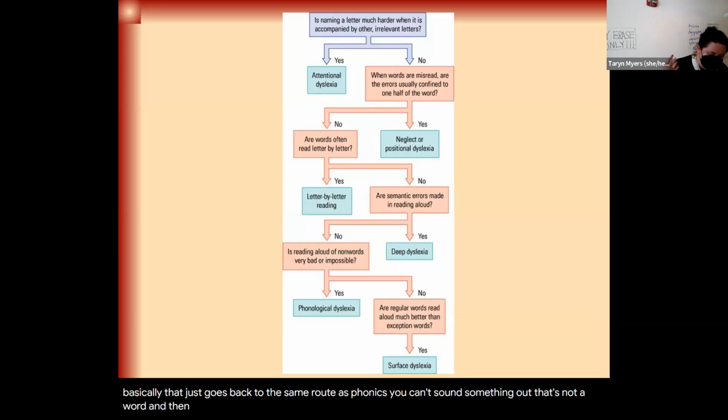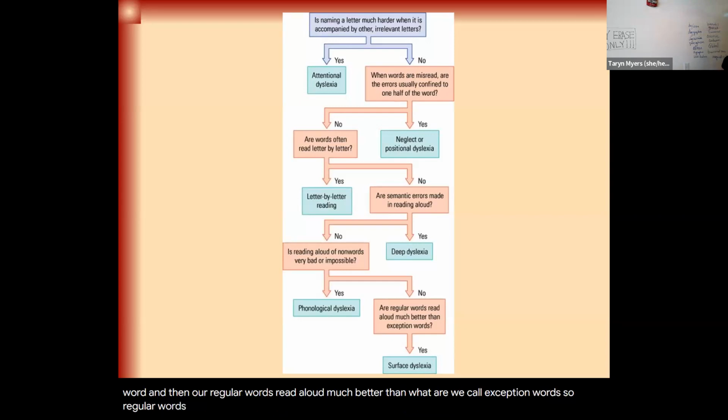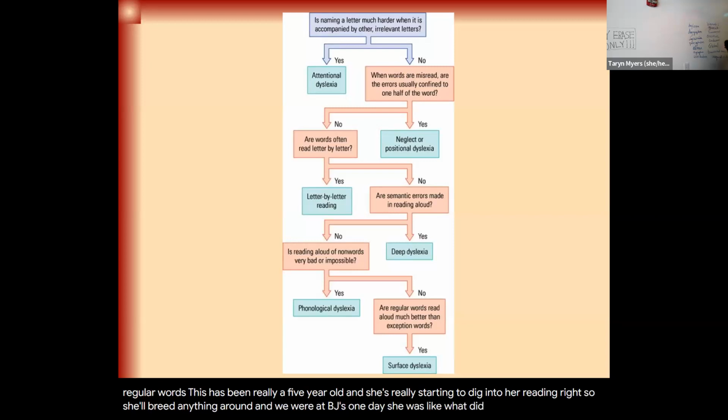And then, are regular words read aloud much better than what we call exception words? Regular words are words that look like they should be pronounced that way, right? This has been really interesting because we have a 5-year-old and she's really starting to dig into her reading. She'll read anything around. We were at BJ's one day and she was like, "It's a D-lie."